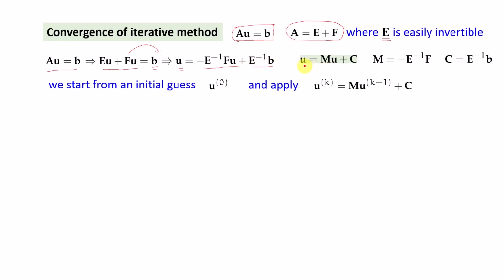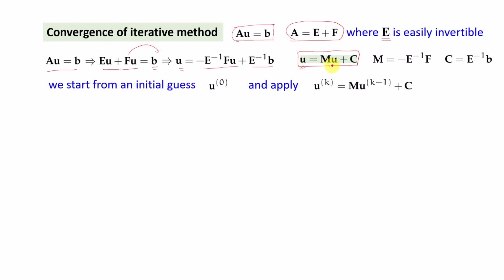So essentially we come to this algorithm U equals MU plus C, where M is minus E inverse F and C is E inverse B. So we have the unknown on both sides, left side as well as the right side.